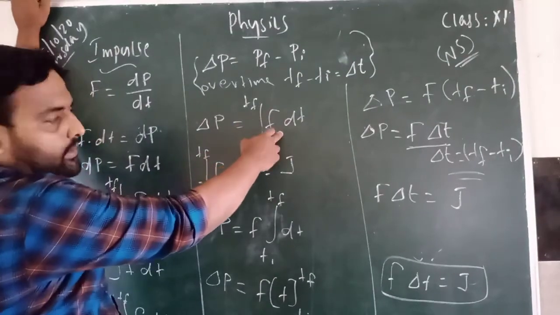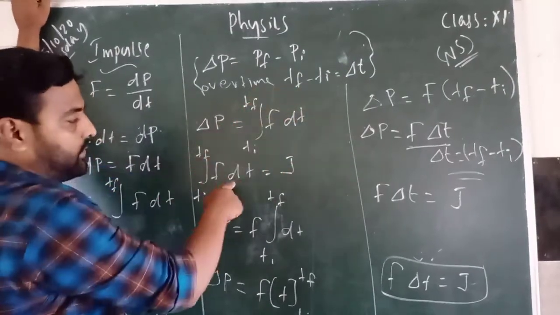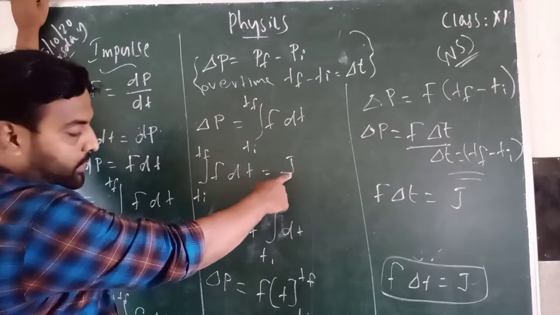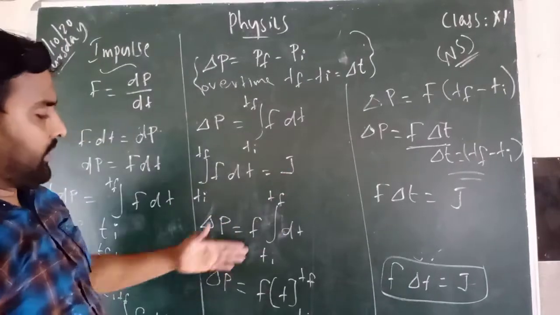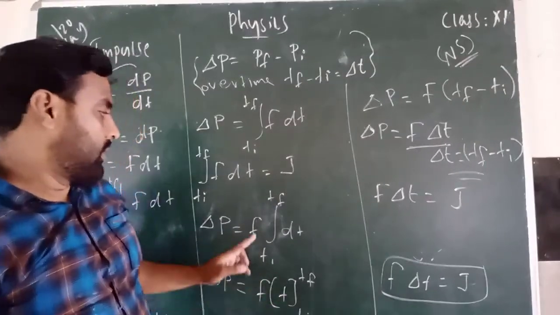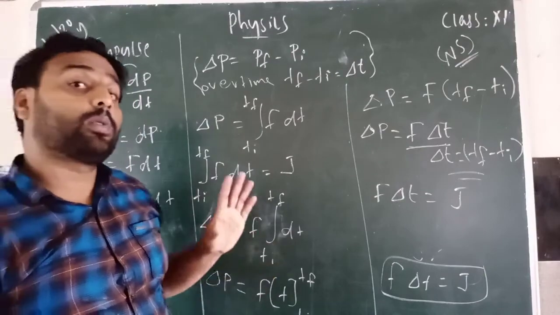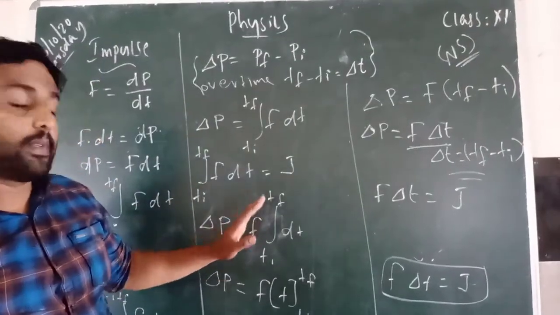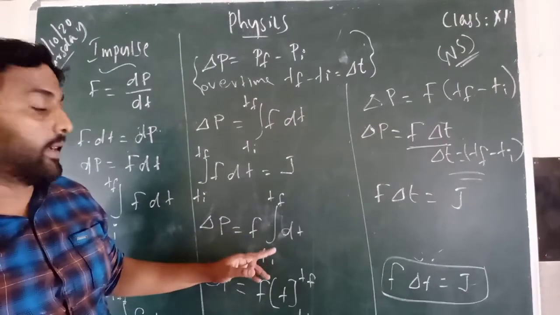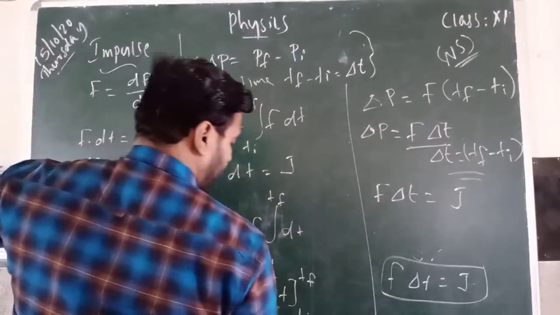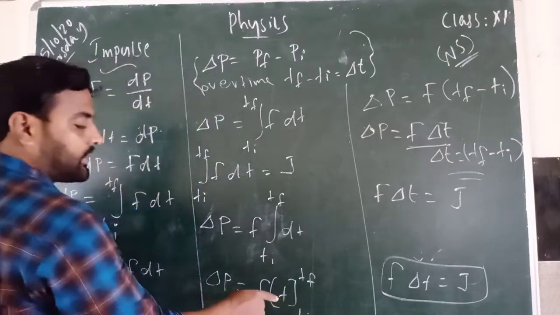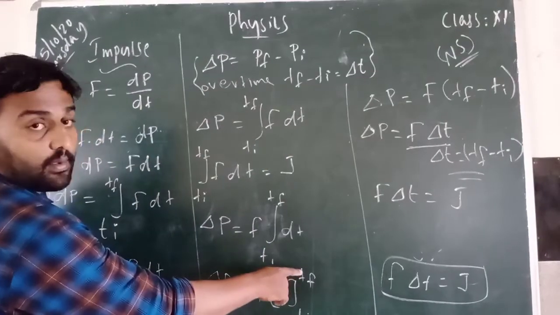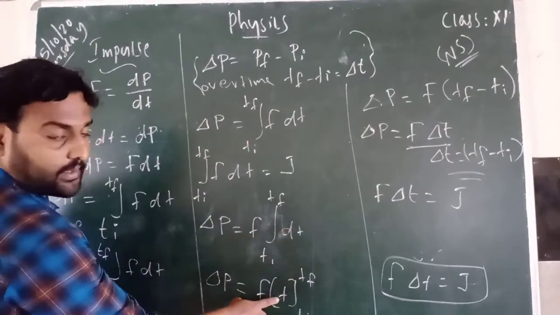Now integrate this. This is called what? Impulse, J. J means impulse or impulsive force. Just integrate that. So F into dt, F is a constant, the time is changing. So keep F as constant and integrate dt. What will come? The integration of dt is t.